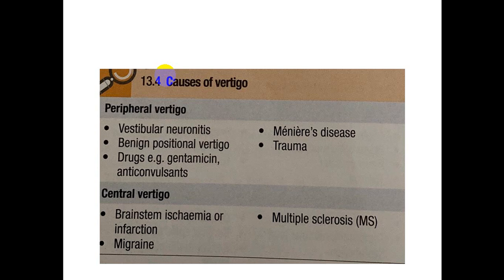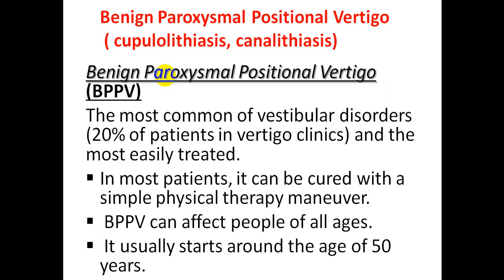While the most common causes of central vertigo are: number 1, migraine; number 2, brainstem ischemia or infarction; number 3, multiple sclerosis.